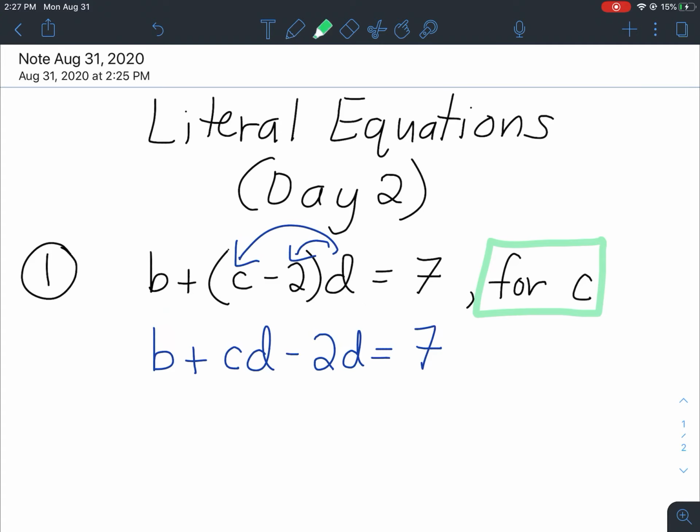What you're going to do next here is we're trying to move everything that is not c to the other side. So you can do this all in one step. You can break it down to 2 steps, which I'm going to do. The first step, I'm going to move b to the other side. It's currently being added, so you do the opposite, you subtract it.